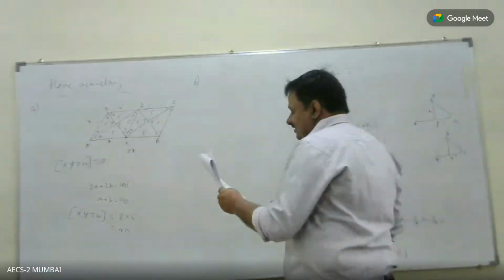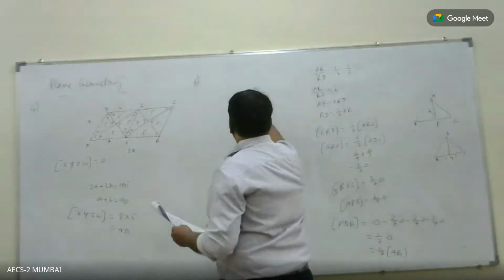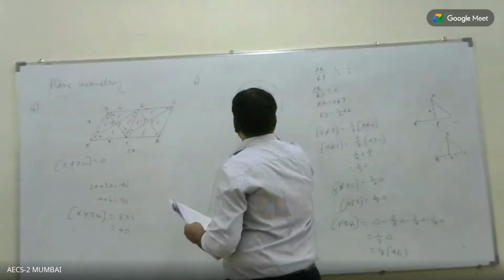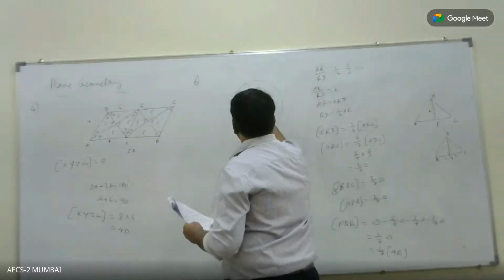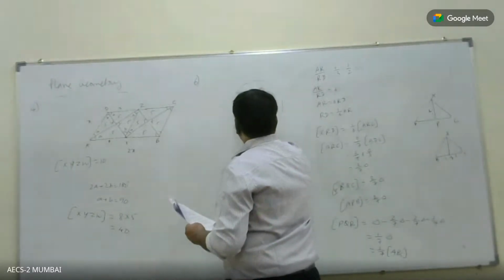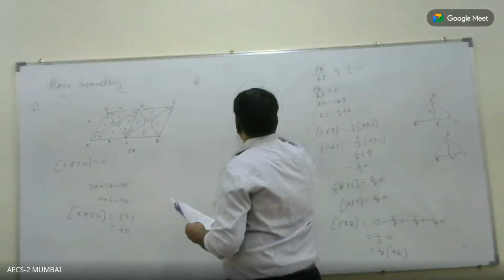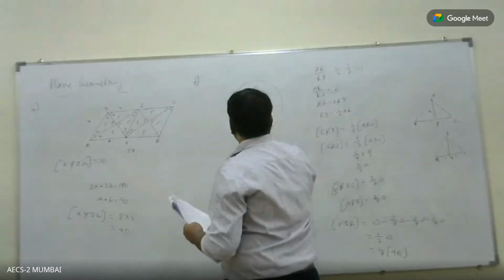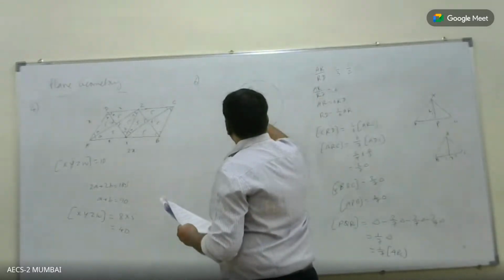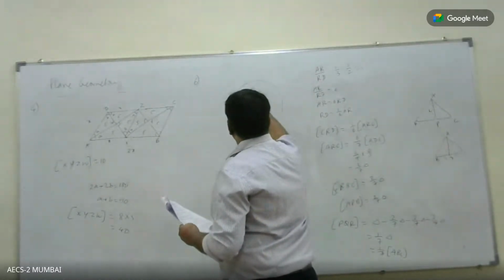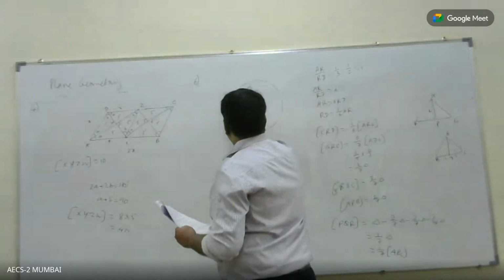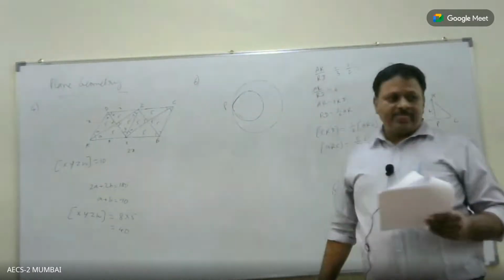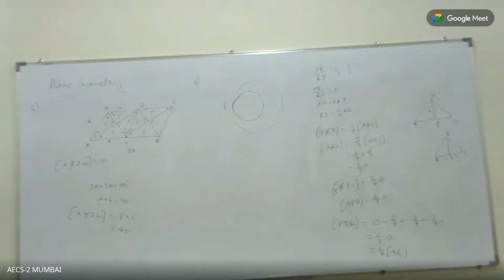Two circles touch each other internally at a point P. There is a circle, there is a point P. It is touching here again at point P. You can draw a better diagram.